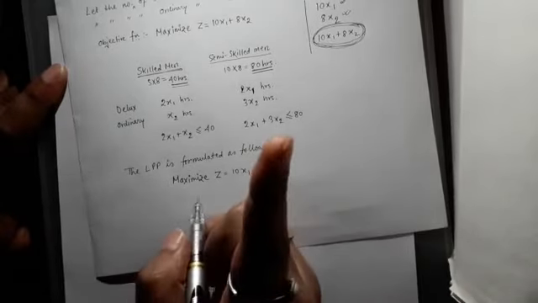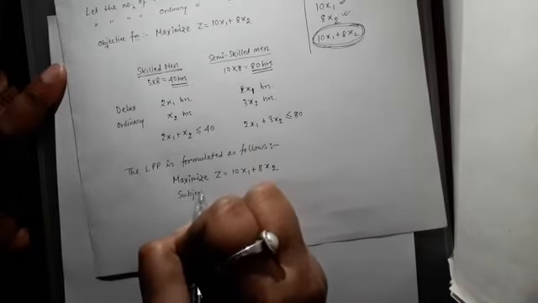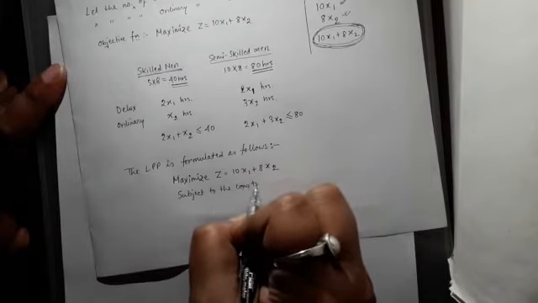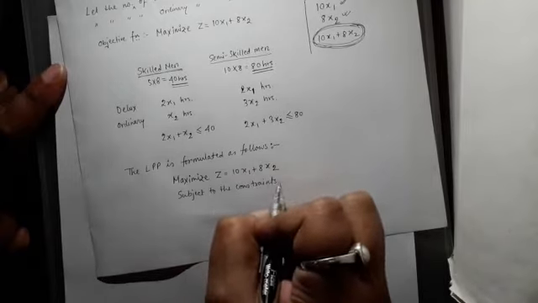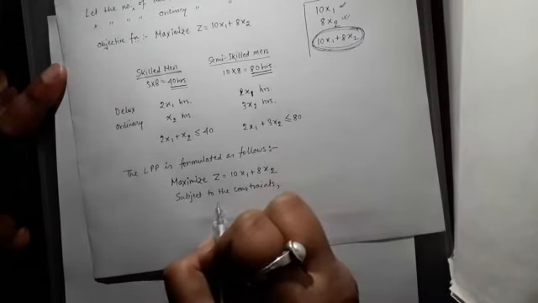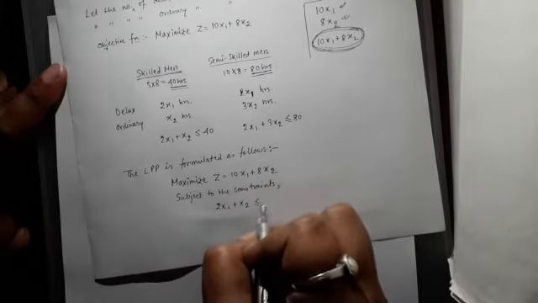Your objective is always subject to the constraints. So you write subject to the constraints. Now write the constraints. What is the first constraint? 2x1 plus x2 less than or equal to 40.